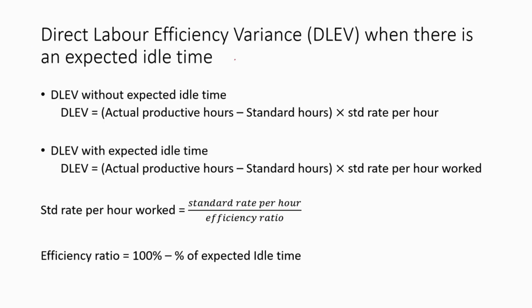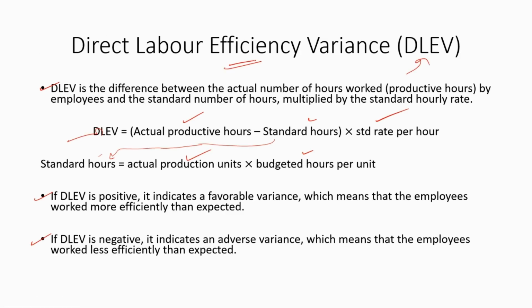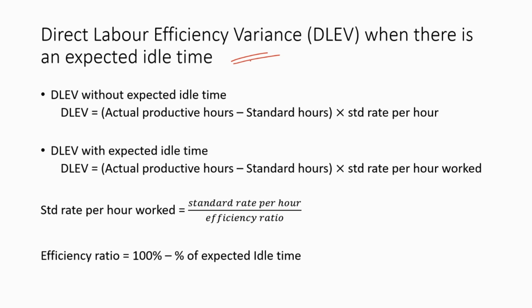Now let's discuss the direct labor efficiency variance when there is an expected idle time. Earlier we discussed the direct labor efficiency variance when there is no expected idle time. But here we are going to discuss it when there is an expected idle time.